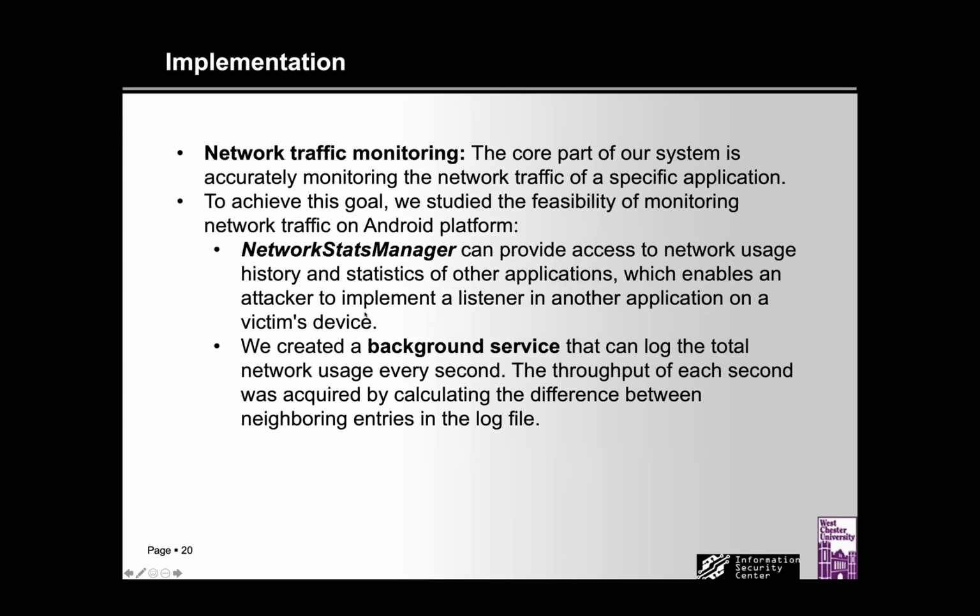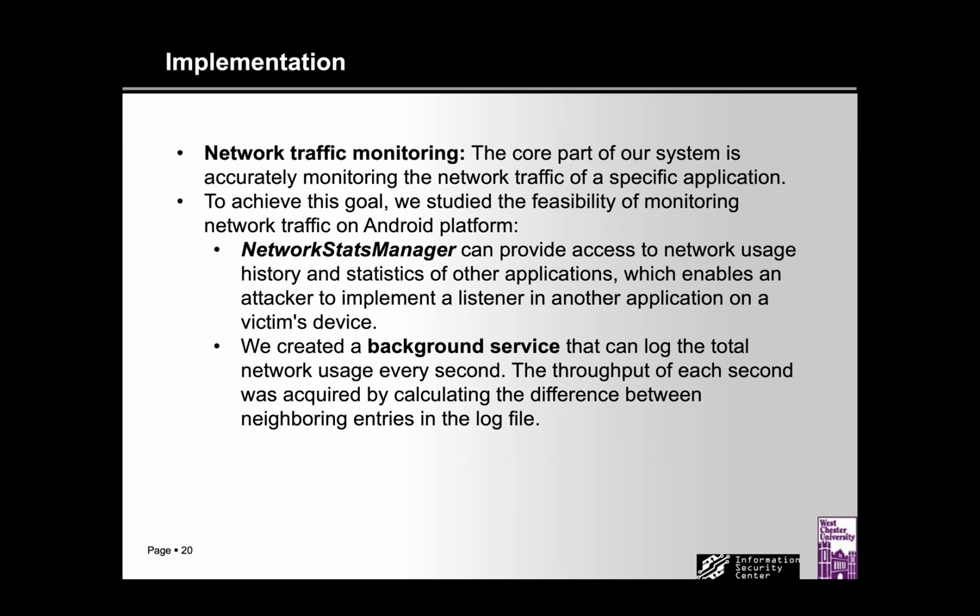Okay. So while we're building this one, there are several technical issues we need to conquer. So the first one is how to monitor the network traffic. The core part of our system is to accurately monitor the network traffic of a specific application. To achieve this goal, we studied the feasibility of monitoring network traffic on the Android platforms.